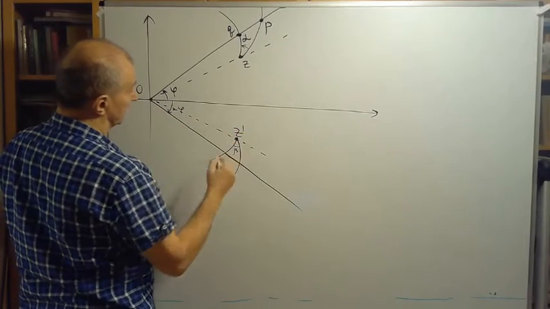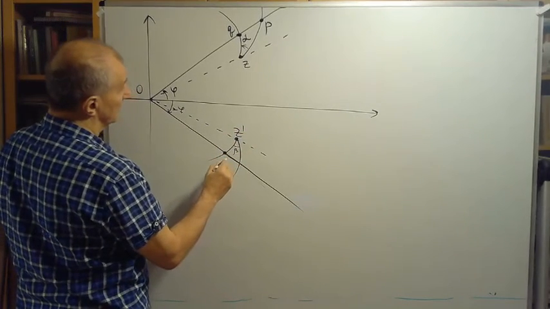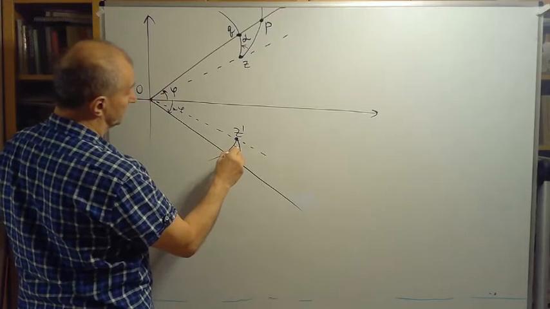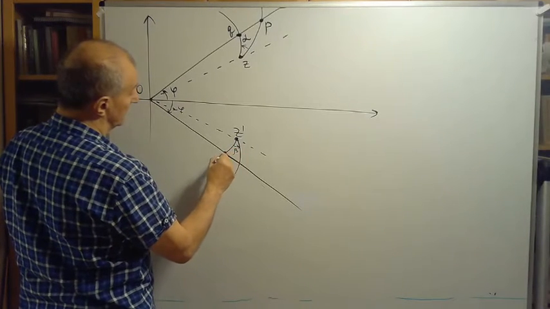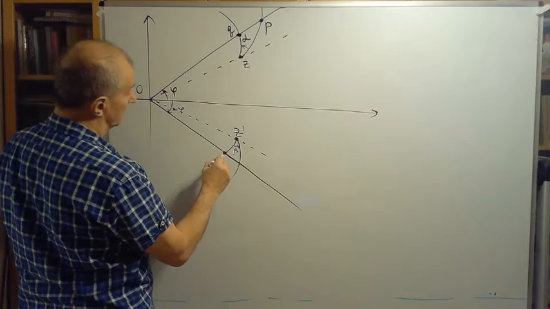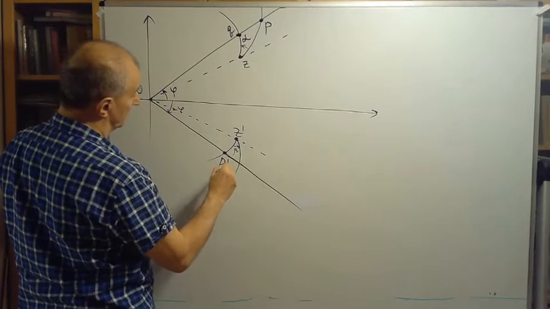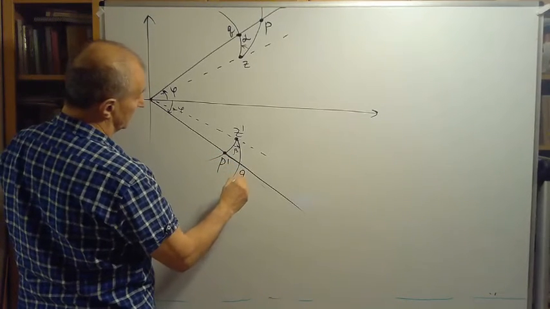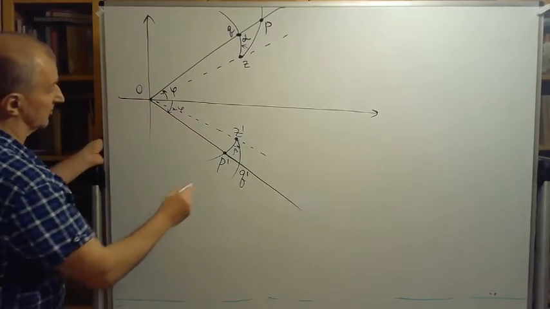So this will be Z prime, the image of Z. This will be P prime, the image of P. This will be Q prime, the image of Q.